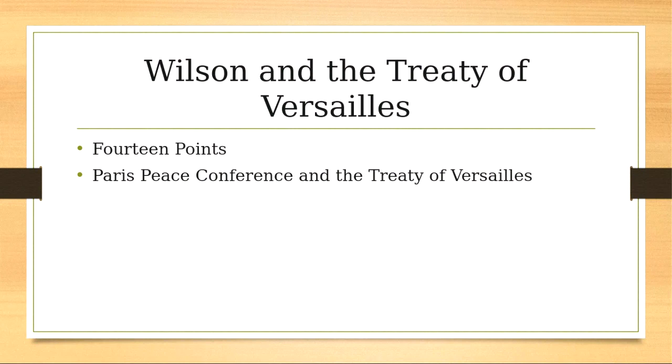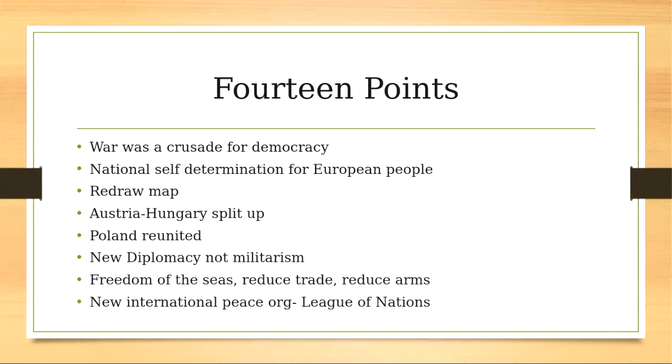And in the Treaty of Versailles, he says we need a League of Nations to stop wars before they start. But it became difficult for the U.S. to join the League of Nations. I'll get to that in a second. He had 14 points.